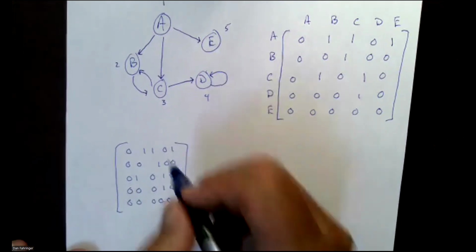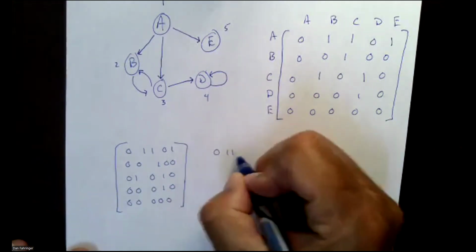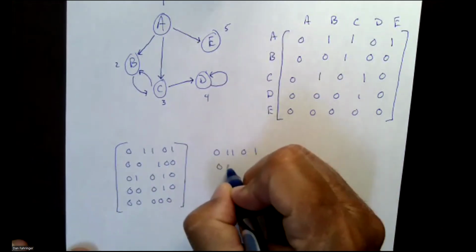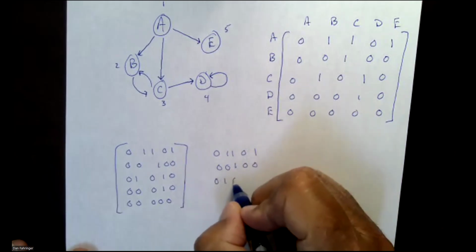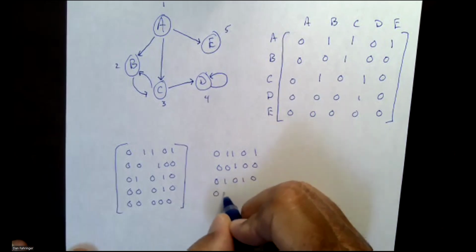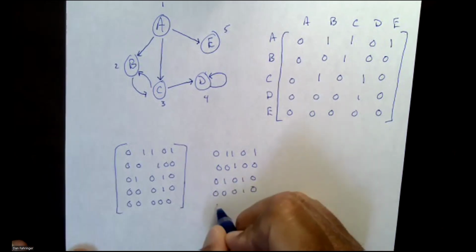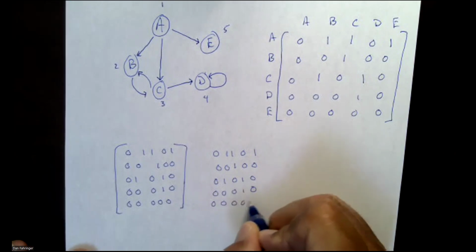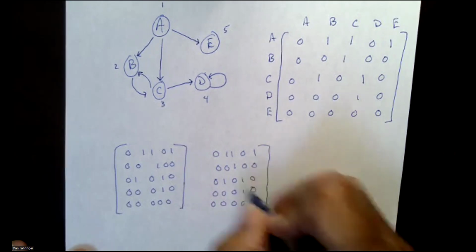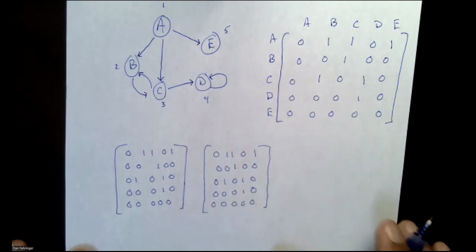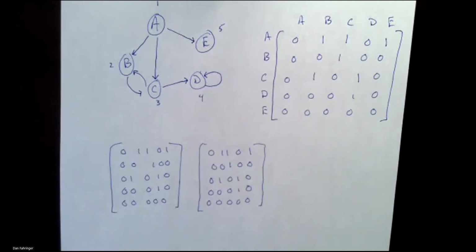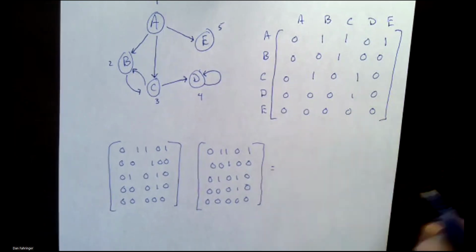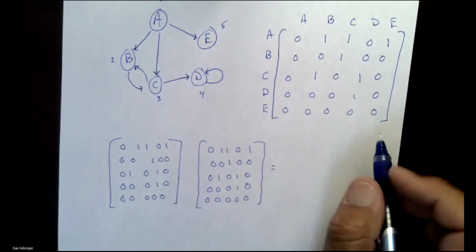And I'm going to write it beside itself. And hopefully, some of you will remember how to multiply matrices, because if you can multiply this, we're going to get a result that's kind of cool.